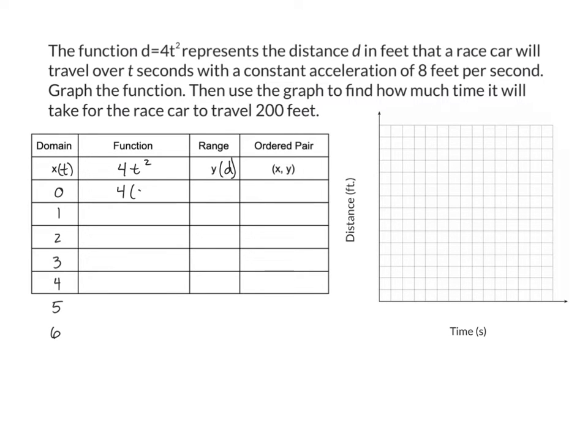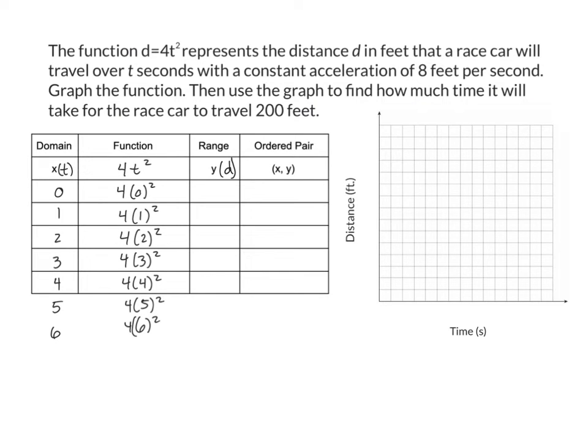So 4 multiplied by 0 squared, 4 times 1 squared, 4 times 2 squared, 4 times 3 squared, 4 times 4 squared, 4 times 5 squared, and 4 times 6 squared.